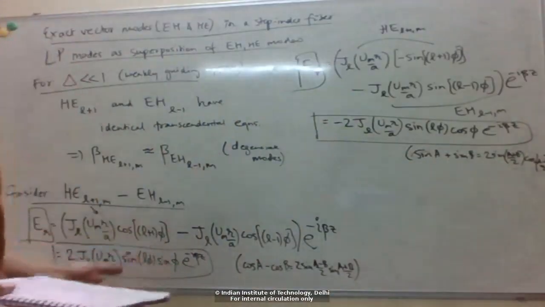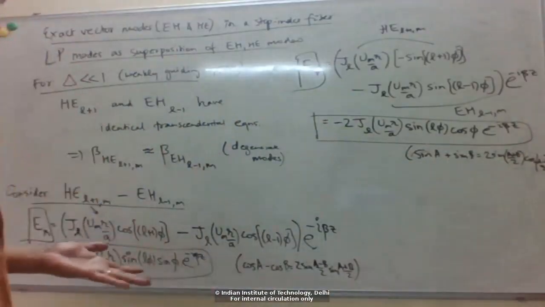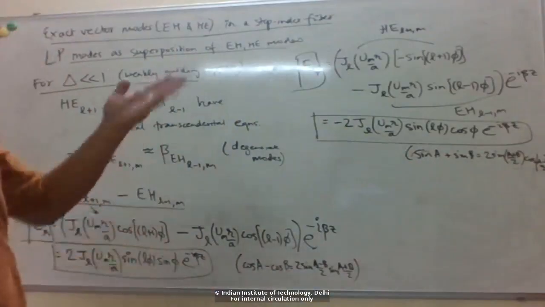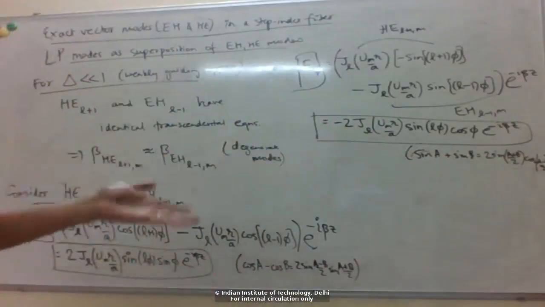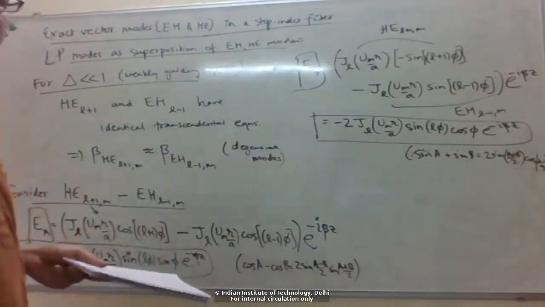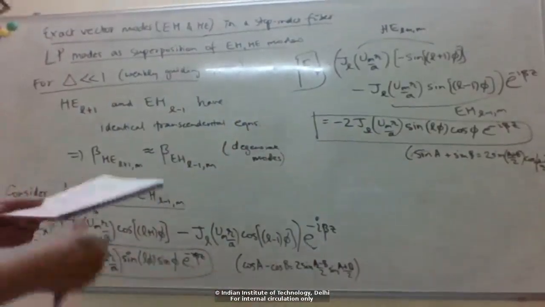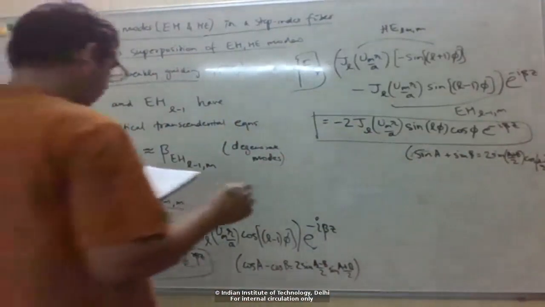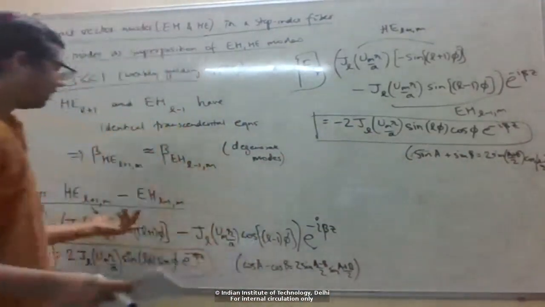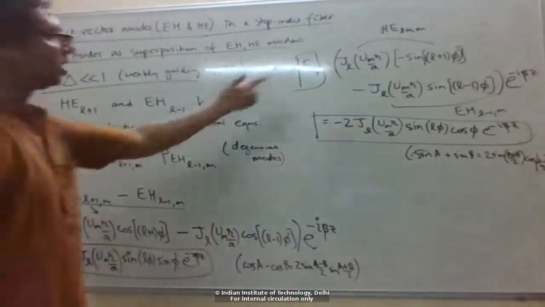Now LP modes, recall, were linearly polarized, which means they had, for example, X polarization or Y polarization, a constant polarization in one of the Cartesian directions. So we can express EX and EY in terms of ER and E phi.